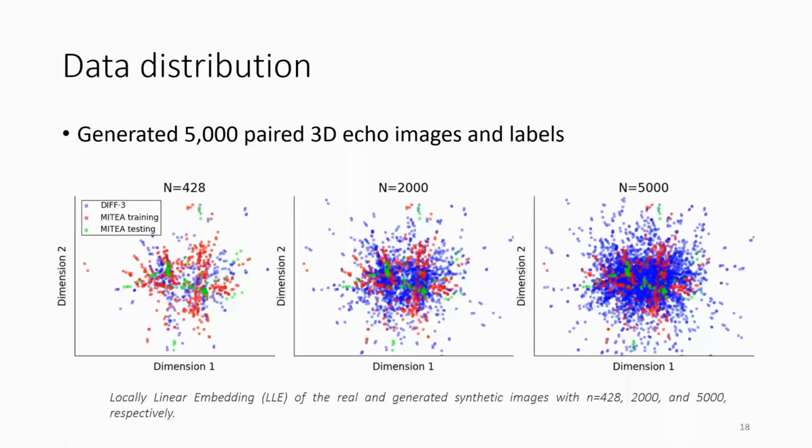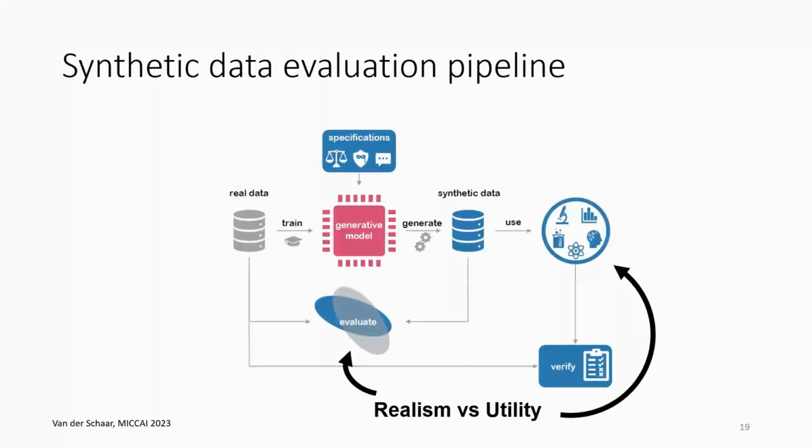Okay, the next part is how can we actually evaluate if our data is actually good. So this is a synthetic data evaluation pipeline from the Van der Schaar lab. Basically, what happens when you generate synthetic data, here you have to evaluate the data.